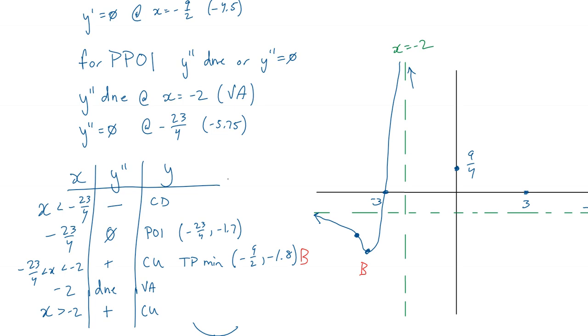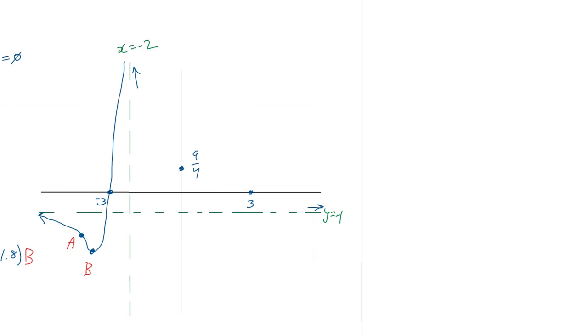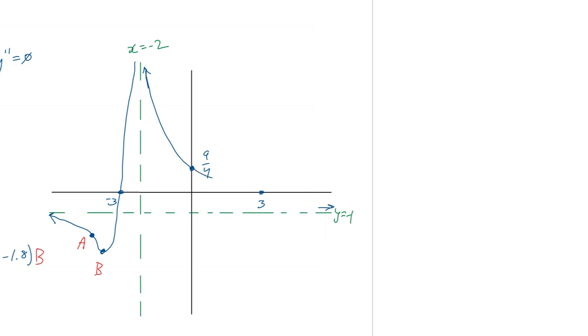So that's my point A, my point of inflection. You were asking before what a point of inflection is. There it is. Without our second derivative chart, I wouldn't be able to find that point. Hold on, one more thing. Notice how this is concave down as I approach the asymptote from below. Okay, you get the idea. So there's that function, and we'll do a couple more of those tomorrow.